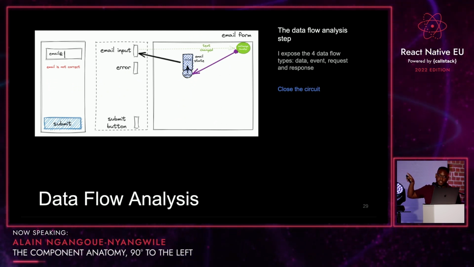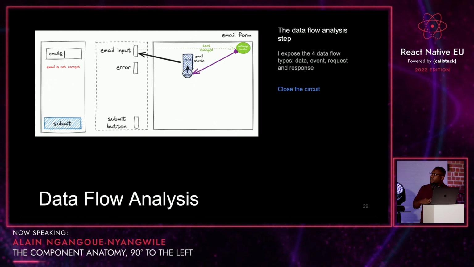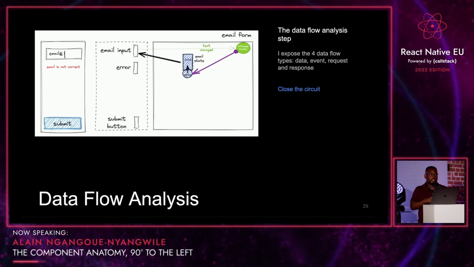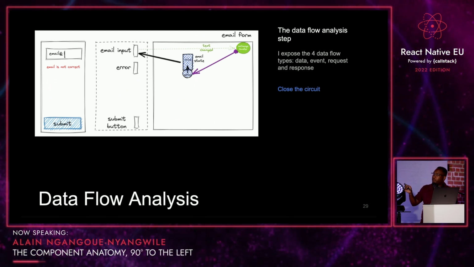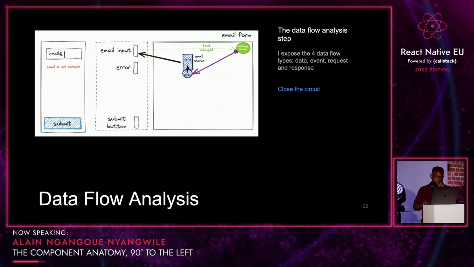So we have a circuit. Closing the circuit is really important in the component anatomy because an open circuit represents an unachieved job or a potential bug. So closing the circuit guarantees you are controlling totally your data flow.